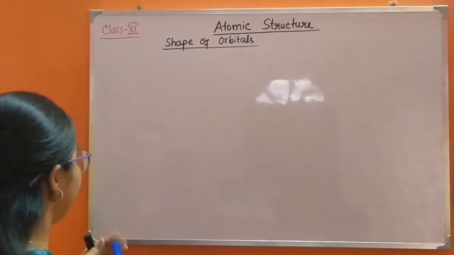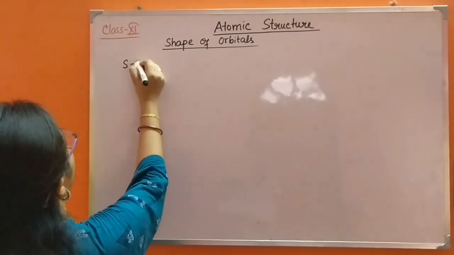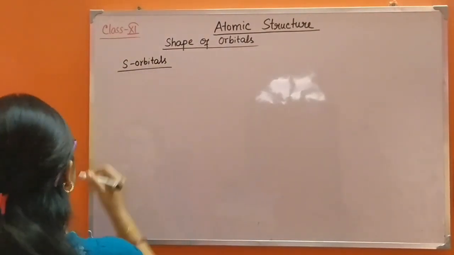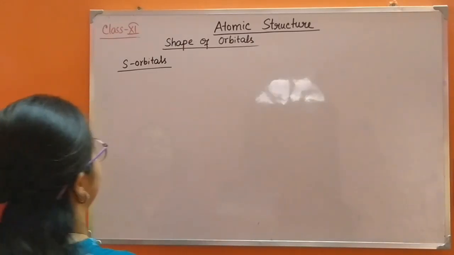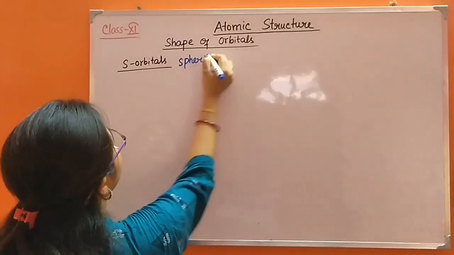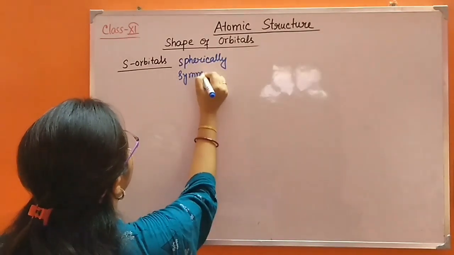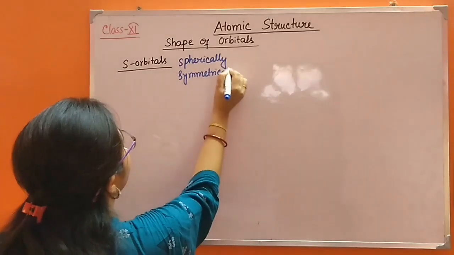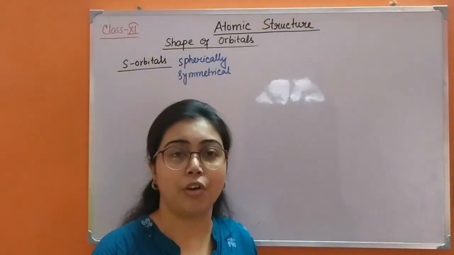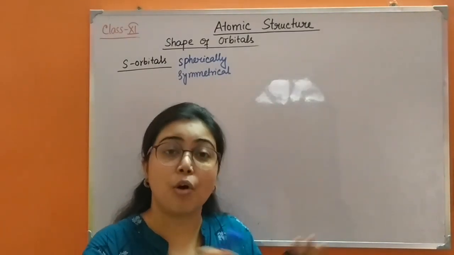Now, the shape of s orbital. s orbitals are spherically symmetrical around the nucleus. That means the probability of finding electron at a particular distance from the nucleus is the same in all directions.